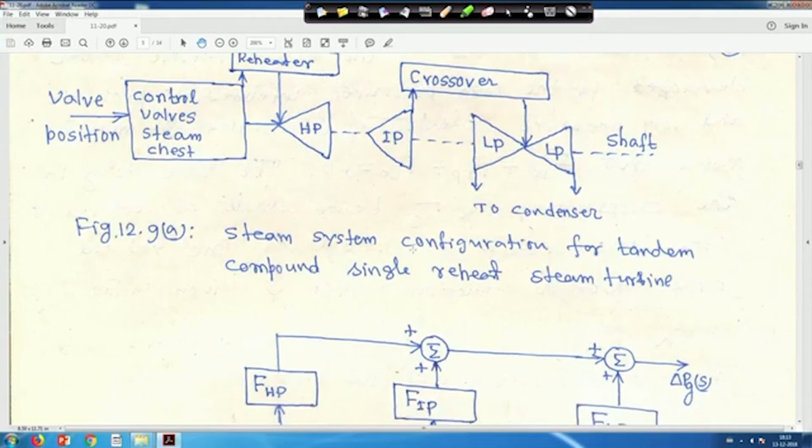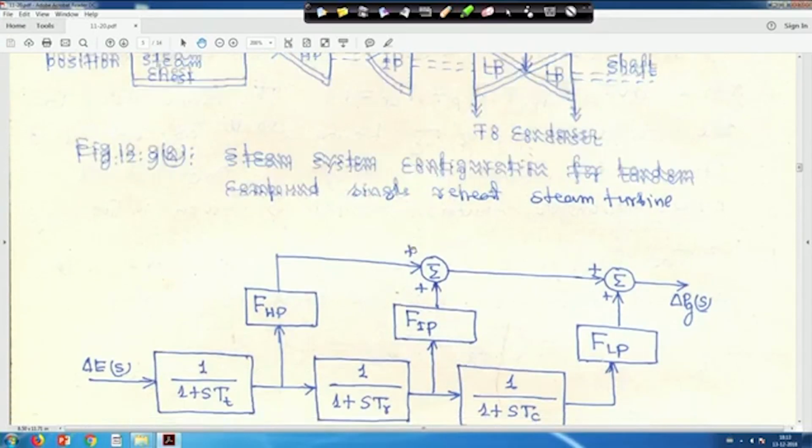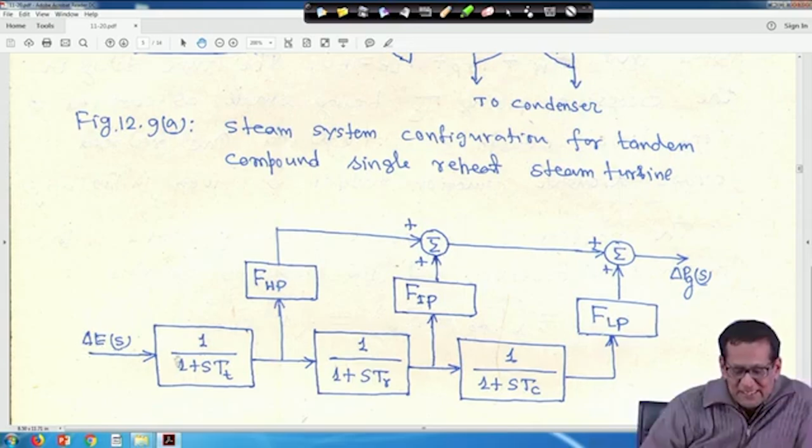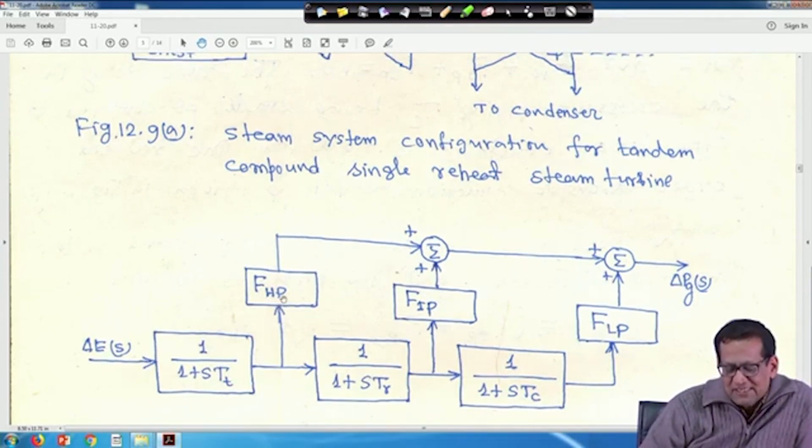So, now everywhere, that is your delta ES, because governor, then turbine, then your generator are all connected together, turbine and generator coupled together. So, input here is delta ES, right. So, this is 1 upon 1 plus STT, that is the steam chest time constant, then power developed in the high pressure side, say FHP, the fraction of power, then intermediate pressure it is FIP, and low pressure cylinder, that developed is FLP, right.